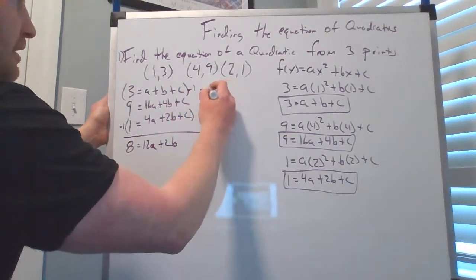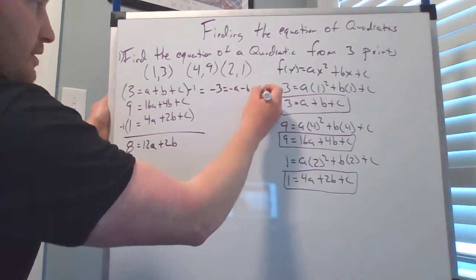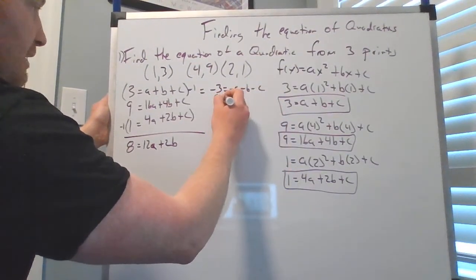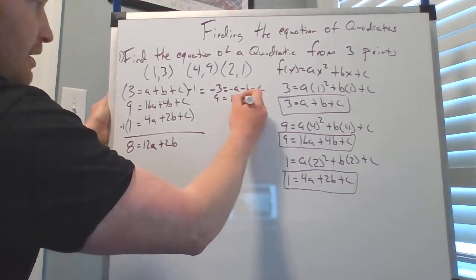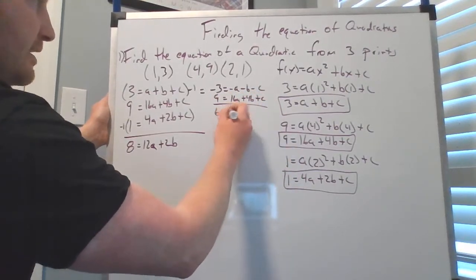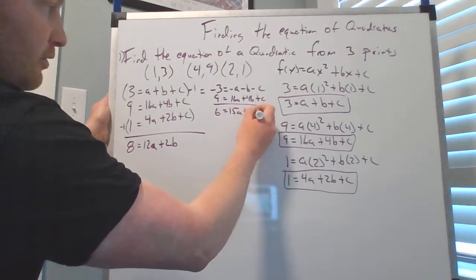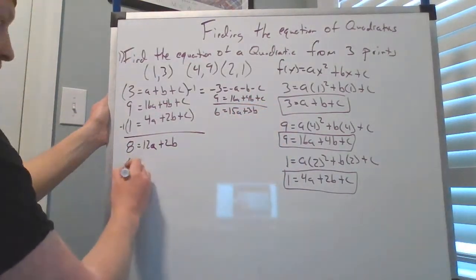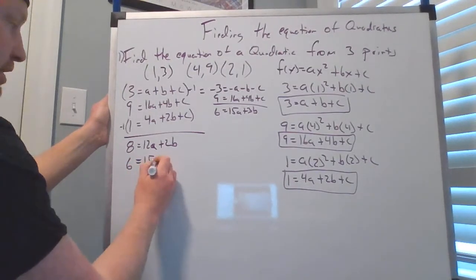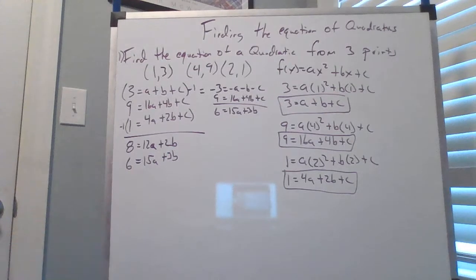So now this says -3 equals -a minus b minus c. And then I got 9 equals 16a plus 4b plus c. When I add these up, I get 6 equals 15a plus 3b. These cancel. So now I got these systems of equations. 15a plus 3b.